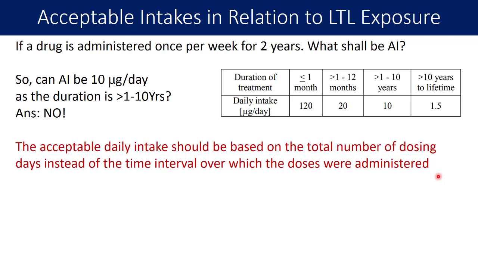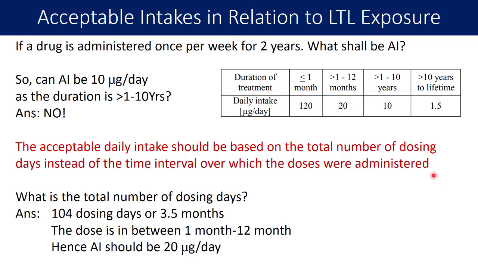If you calculate the total number of dosing days for 2 years, how much will they be? There will be 104 dosing days, or approximately 3.5 months.